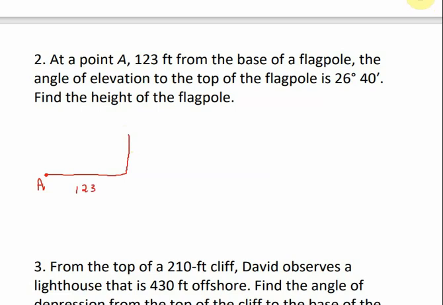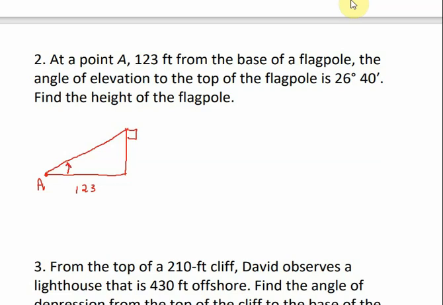I'm not very good at drawing straight lines. Let me try that one more time. Okay, so here's our little flag. And they want to know what the angle of elevation to the top of the flagpole is. All right, so if this is our horizontal line, and the angle of elevation, remember, is if we have a horizontal line and the other side of the angle is above that horizontal, then that's an angle of elevation.